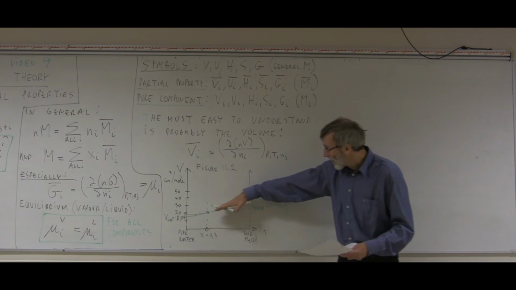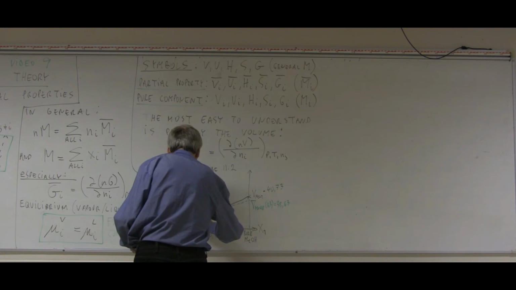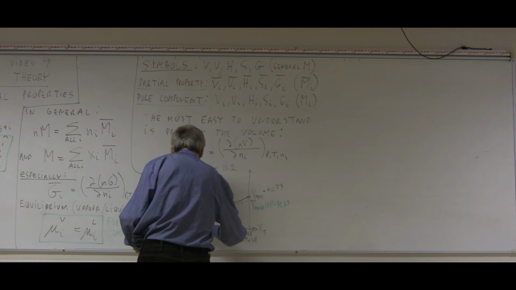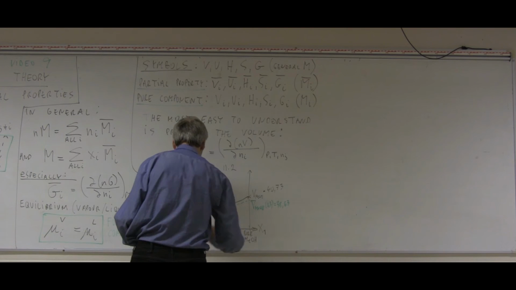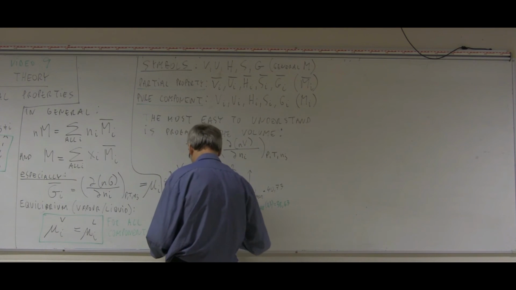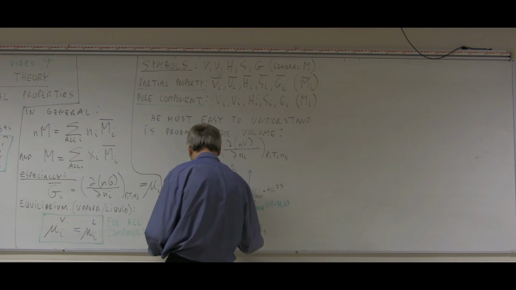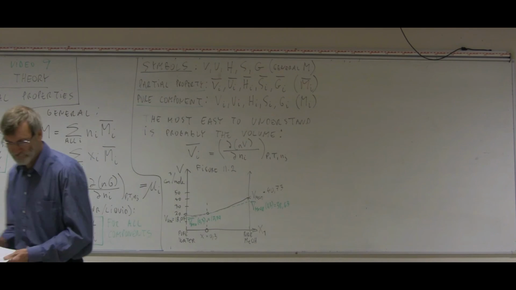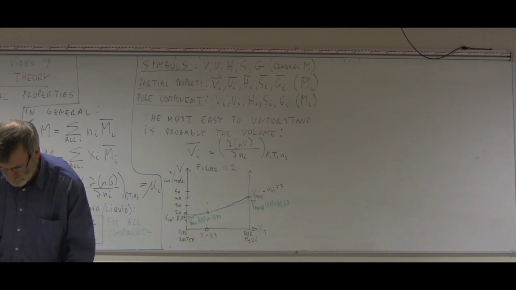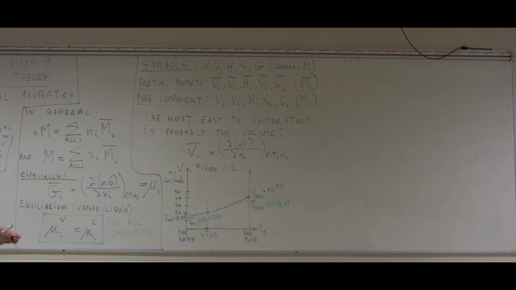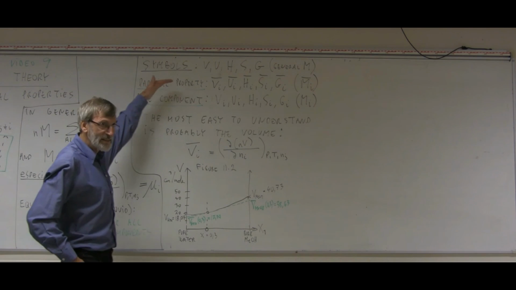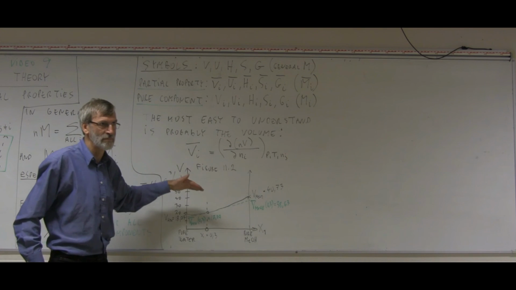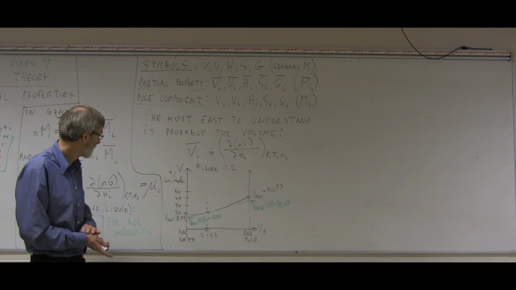And if we take the tangent down here, we find the partial molar volume of water at point 3. That is 17.77. So this is an illustration for the volume.